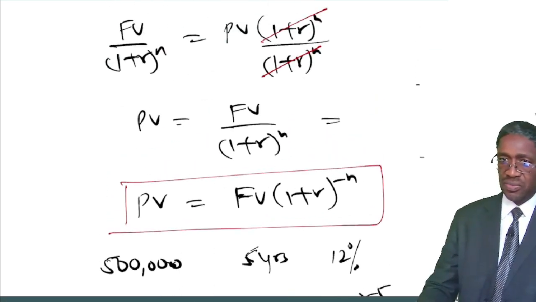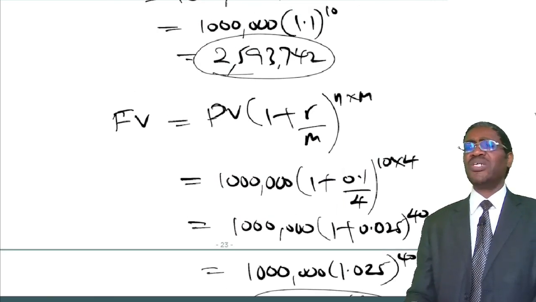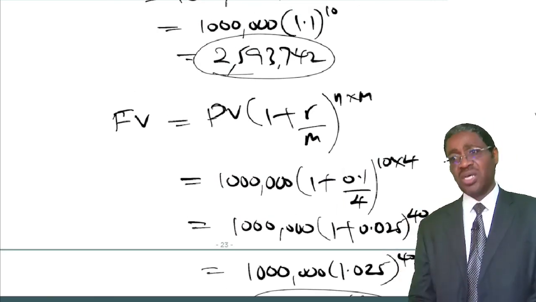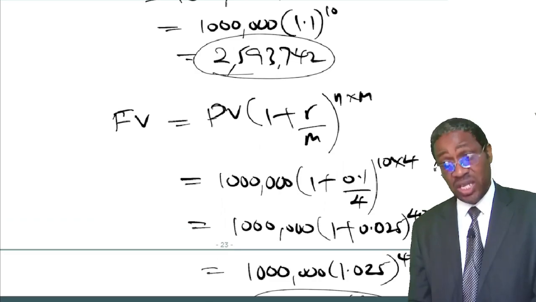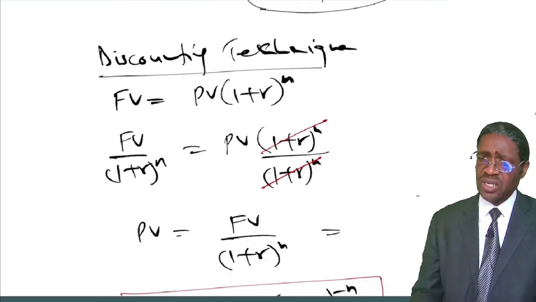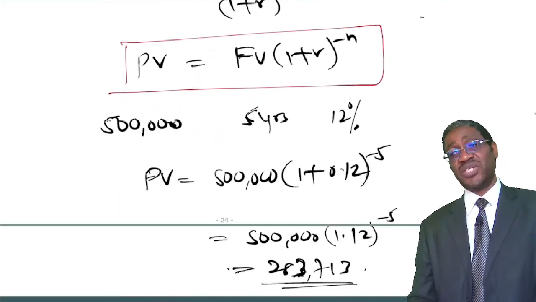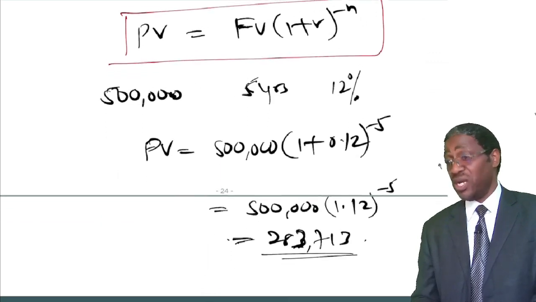Now listen, just like I talked about when you are compounding more than once, the formula I've given you for the present value here is where compounding is done once in a year.